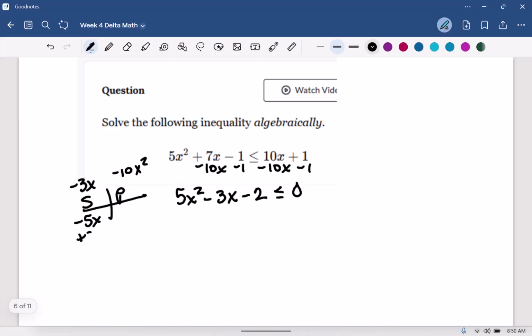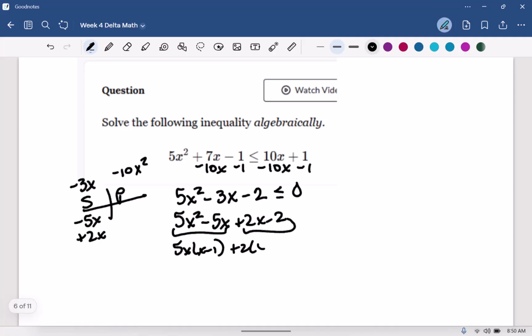So that's -5 and +2. 5x squared minus 5x plus 2x minus 2. Group 5x, x minus 1 plus 2, x minus 1, x minus 1, and 5x plus 2. So 1 and negative 2 fifths.